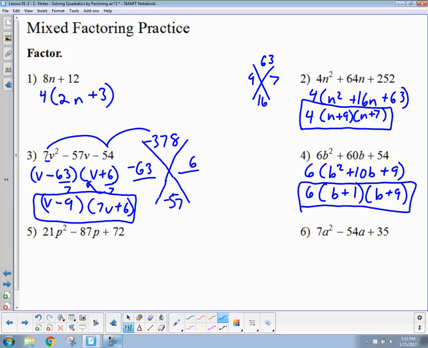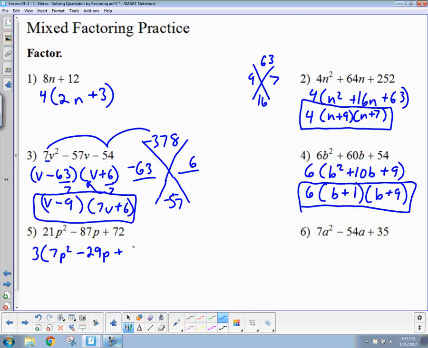It is. So I'm going to factor 3 out of everything. 21, that'd be 7p squared minus 29, because I already did the work. And then 72, well, that's beyond me. Let me check. 72 divided by 3, 24. Boom. This looks like another big one, but that's okay.